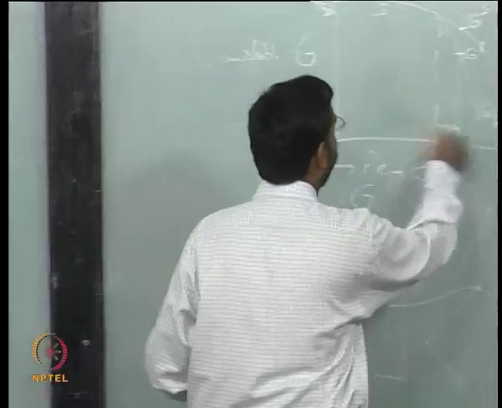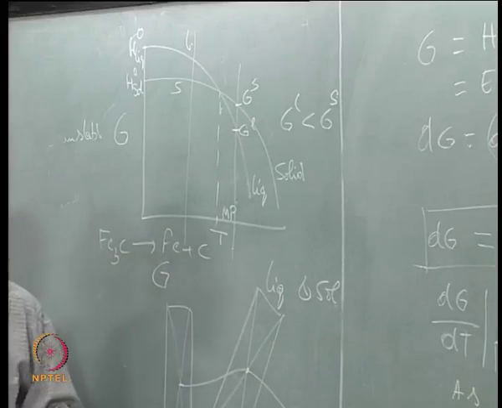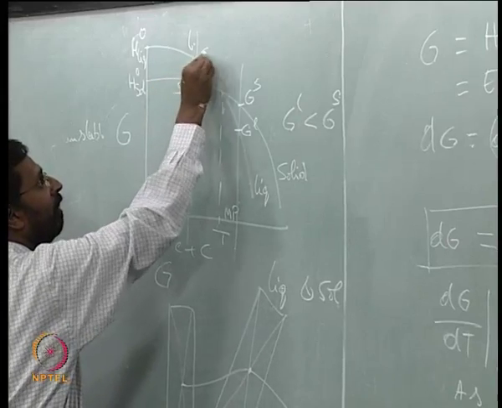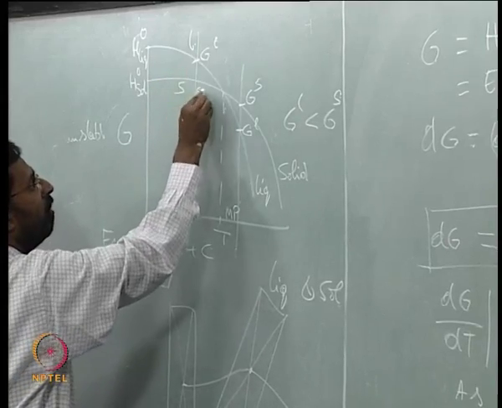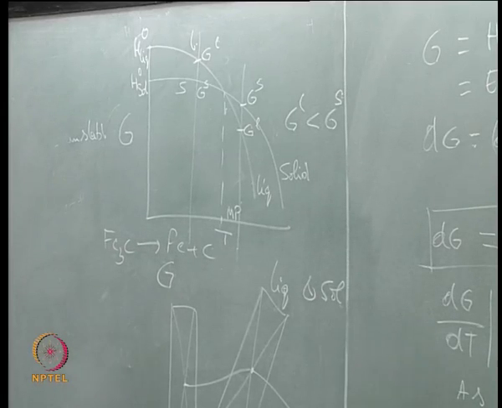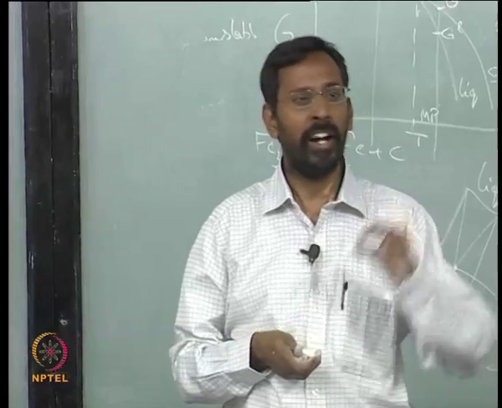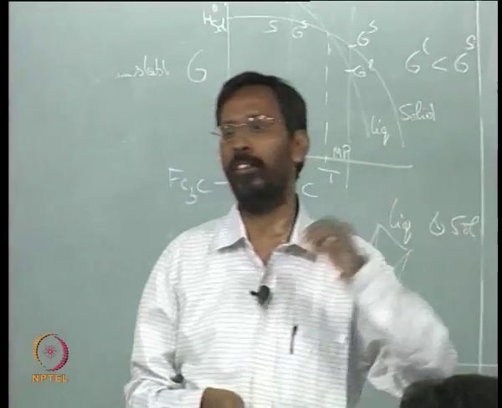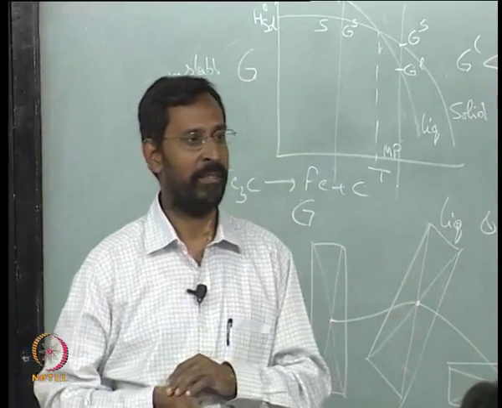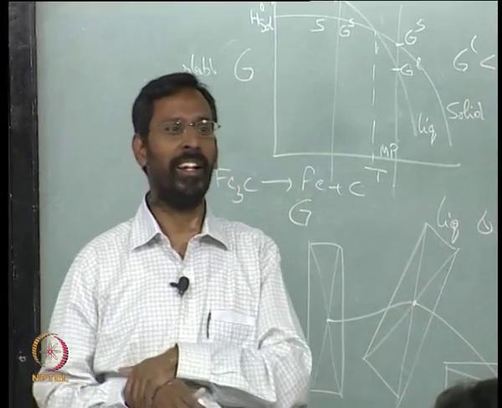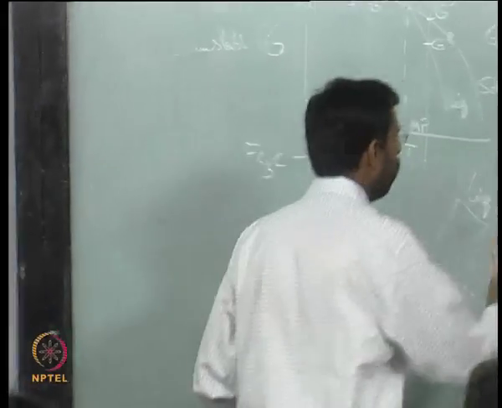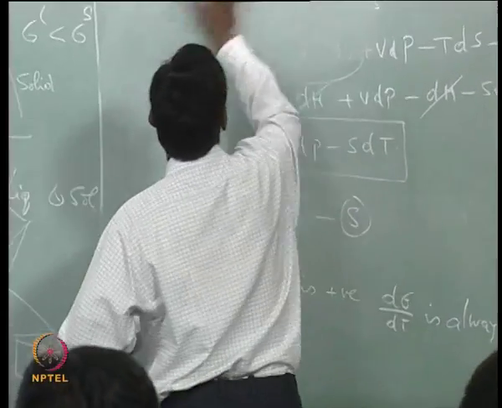If I take a liquid and cool it to a temperature like this, you can see that the liquid has a higher free energy, GL is higher, GS is lower. In principle the liquid should become a solid, but there are many cases where the liquid does not become a solid and remains as what is called an undercooled liquid, and in fact that is the principle behind getting a glass. We will slowly see that a little later. Maybe the time has come, so let us see it right now.